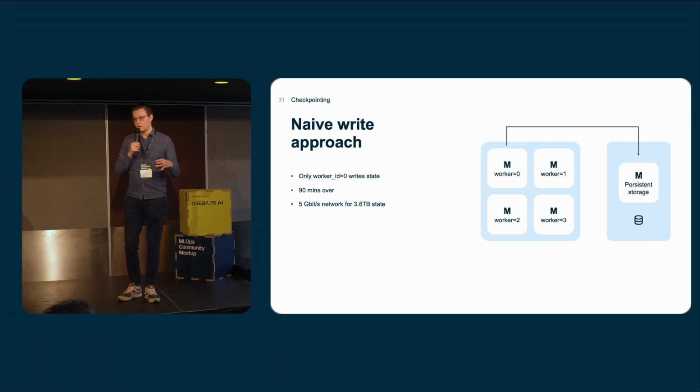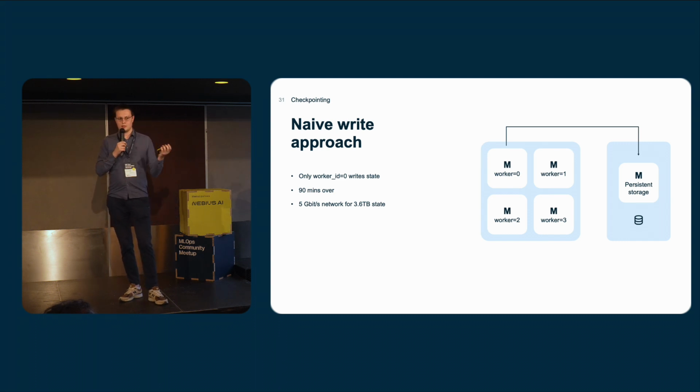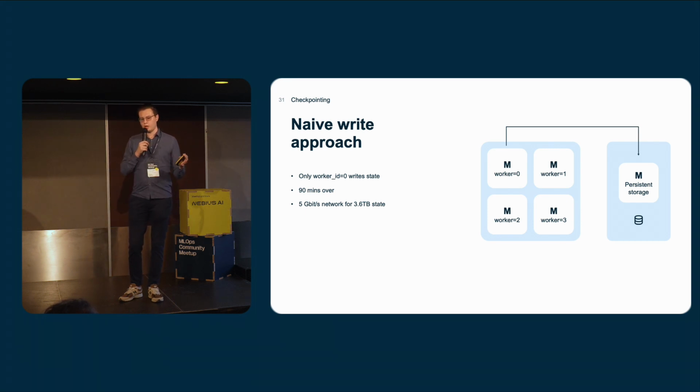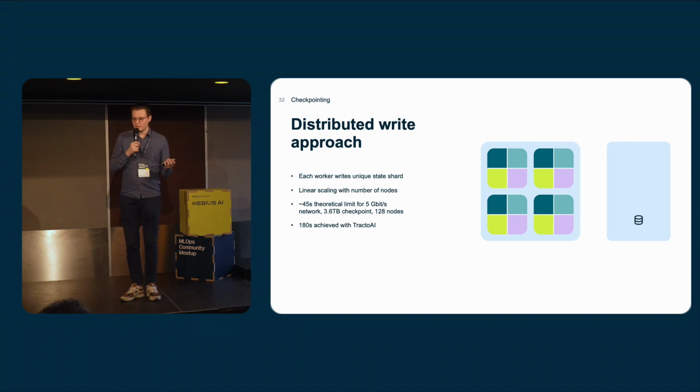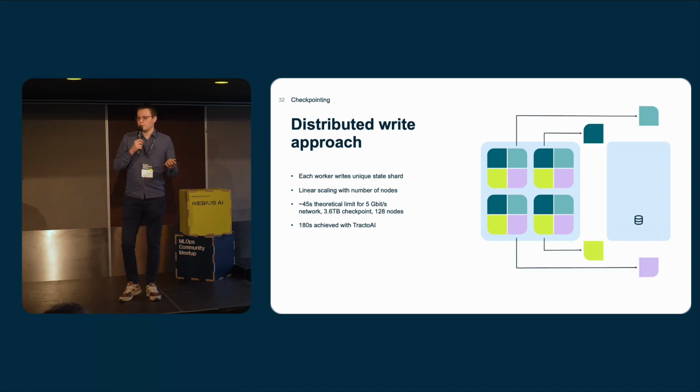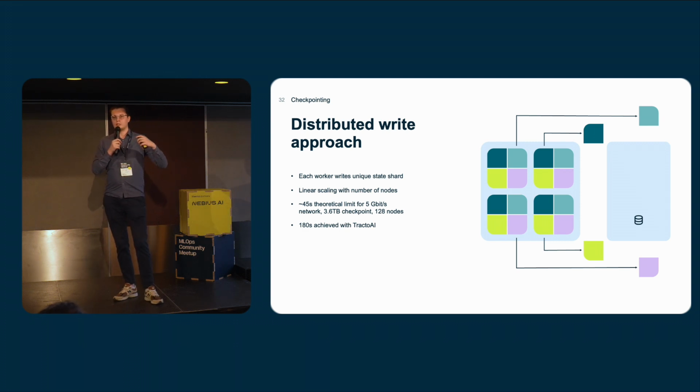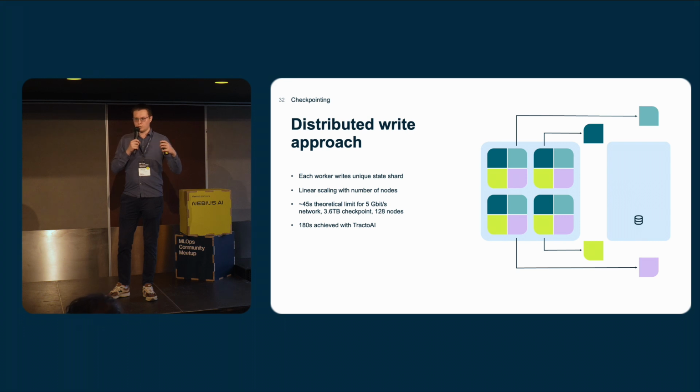The naive writing approach would be just to write the entire training state from a single worker to persistent storage, but in our case, as the network to persistent storage is relatively slow, this would take a very, very long time. So instead, we've come up with a distributed write approach, where each worker writes a globally unique shard of model parameters whose full union is the entire training state.